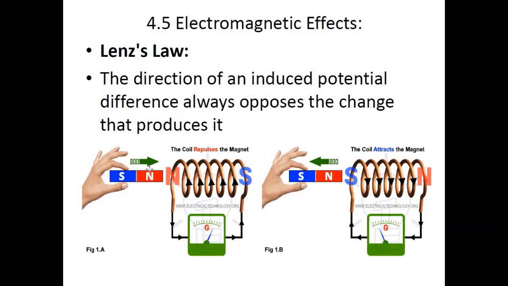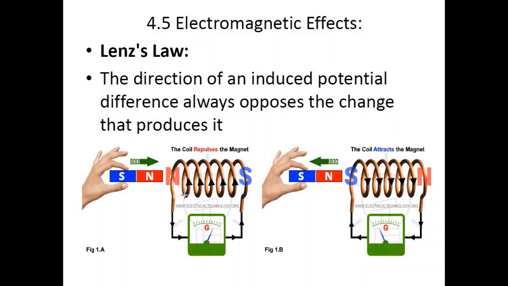And when the magnet is moving away, due to the change in magnetic field, the poles of the induced current would be reversed, and hence a south pole would be created over here.